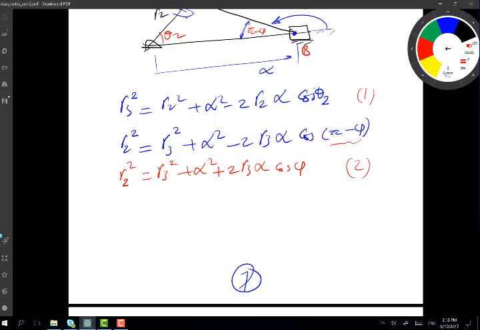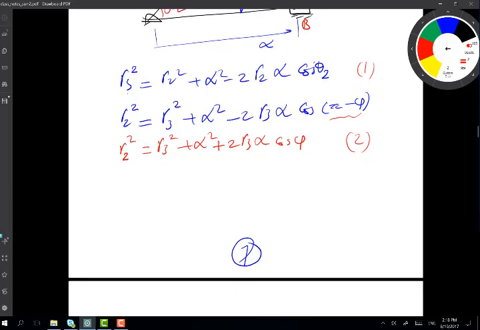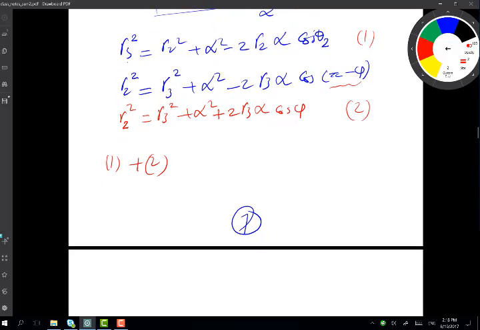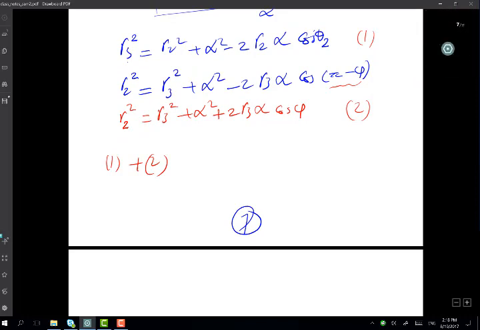One possibility is to add the two equations together. So if I add 1 plus 2, what will happen? Let's do this together and see if this will lead us closer to a solution.